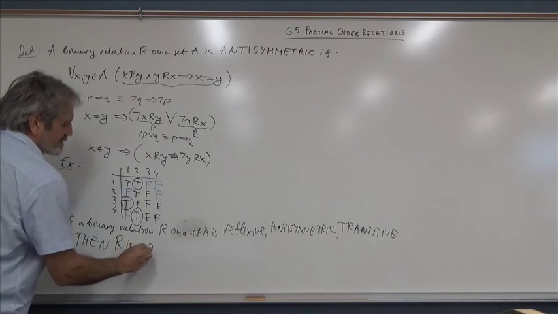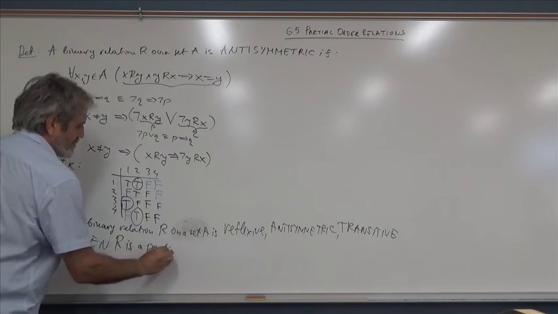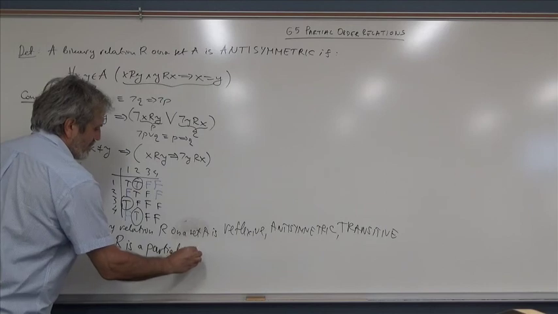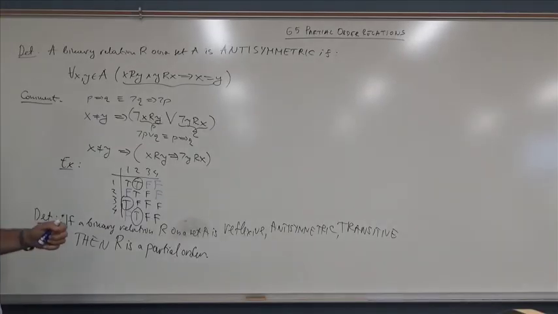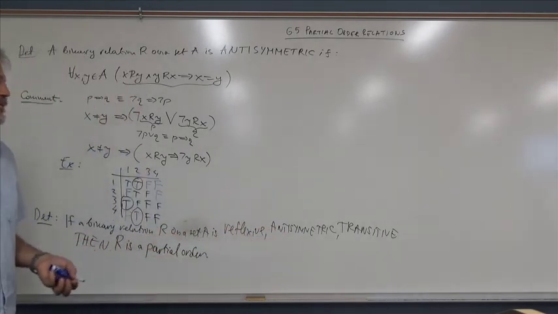Or just is a partial order. So like equivalence relations, but symmetric was traded for antisymmetric.